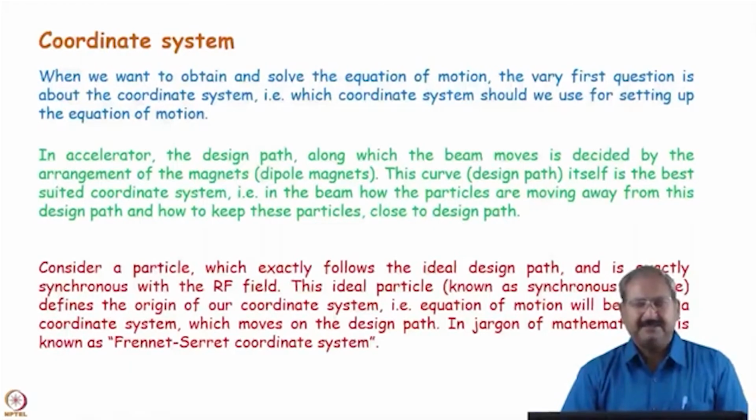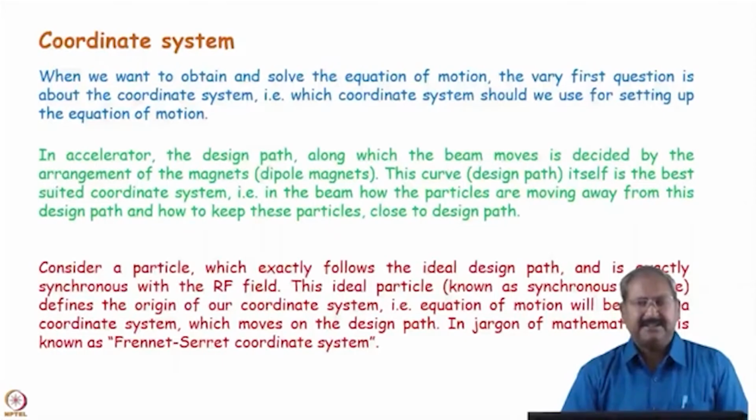Means if we arrange some dipole magnets and, from the starting point which we want to be the starting point of the trajectory, we launch a particle in the correct direction, then it will trace out a path due to those dipole magnets which we have arranged.